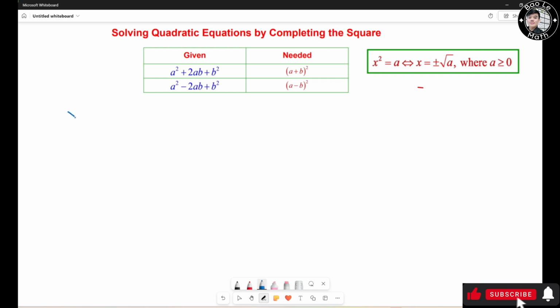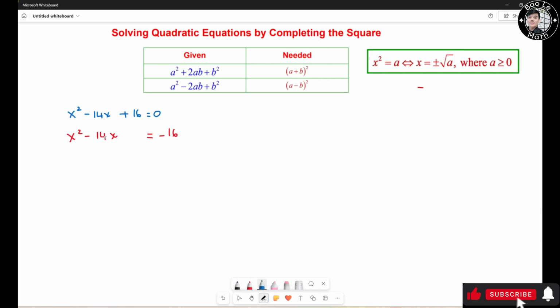For example, we need to solve s squared minus 14s plus 16 equals 0, right? Now, in order to apply this formula right here, we need to move the constant to the right hand side, right? So s squared minus 14s equals negative 16, right?